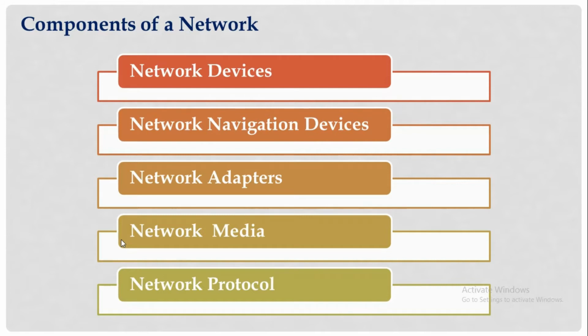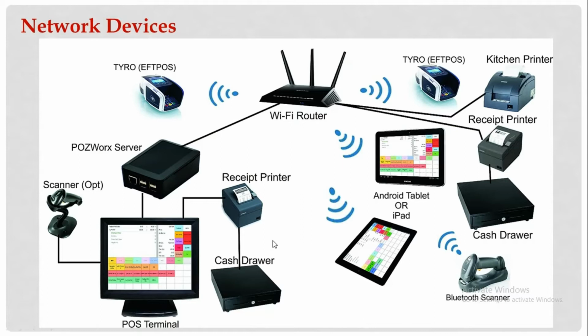The components required for creating a network are: first, network devices; network navigation devices; network adapters; network media; and network protocol. First, let us see about the network devices, or I can term this as network end devices.